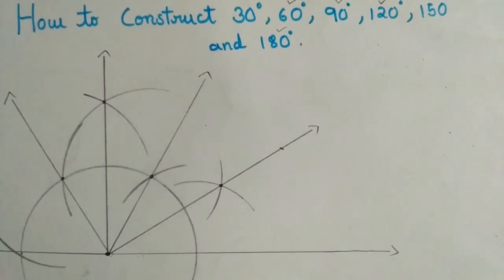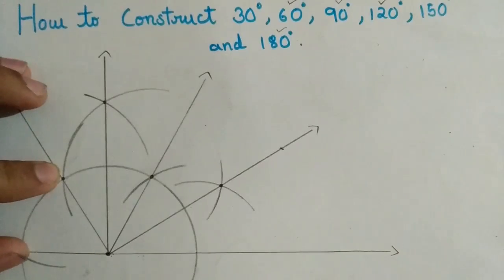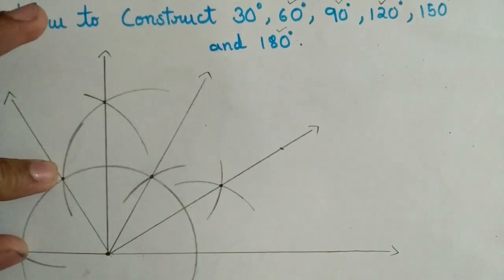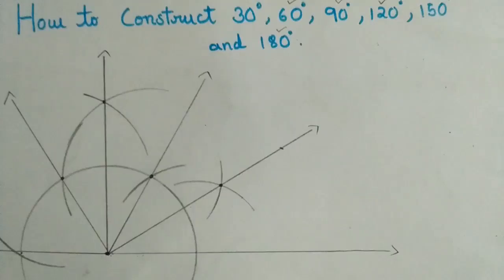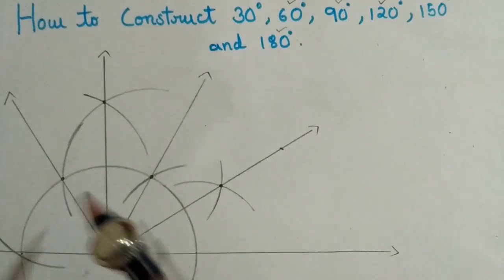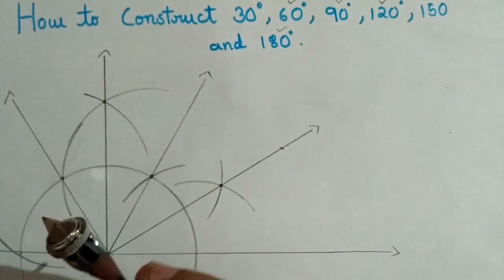As I mentioned, how to calculate 150 degree. You can also calculate many angles, but these are the basics we need. 150 degree comes between 120 and 180, because 120 plus 180 divided by 2 is 150, and if you bisect this angle, we will get the perfect 150 degree.